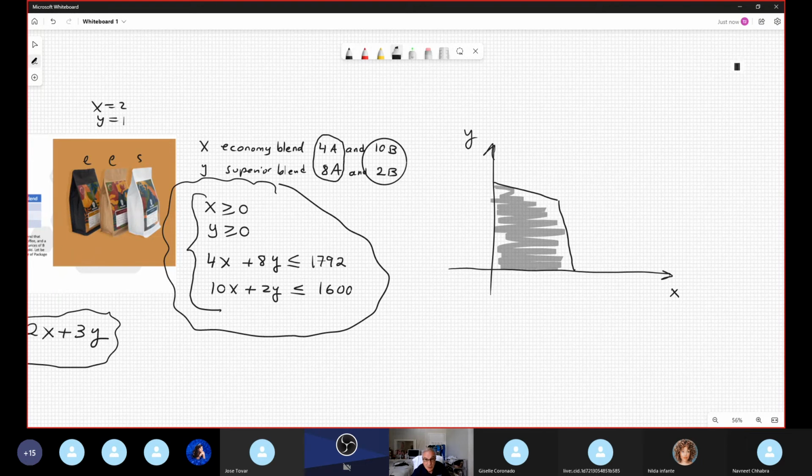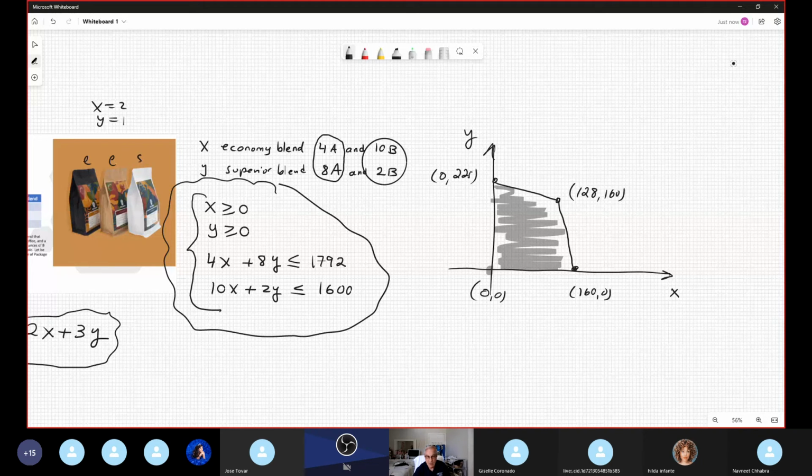Okay, and this corner is 0,0. And this corner was 160,0. And this corner was 128,160. And don't confuse the 160. This 160 is the X value, and this is the Y value. And this is 0,225. Cool.